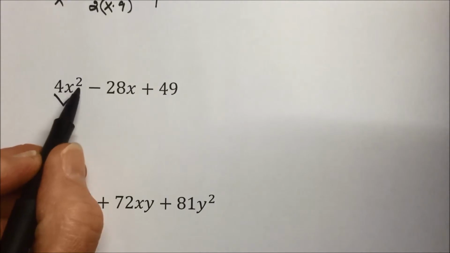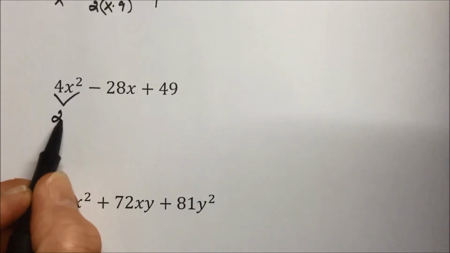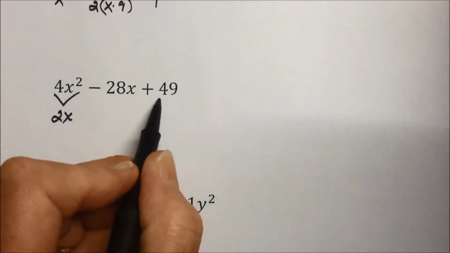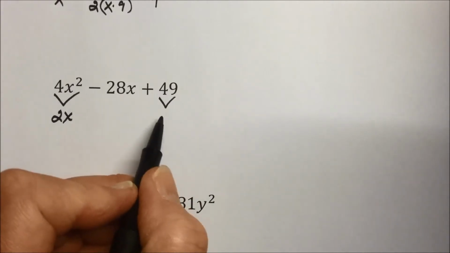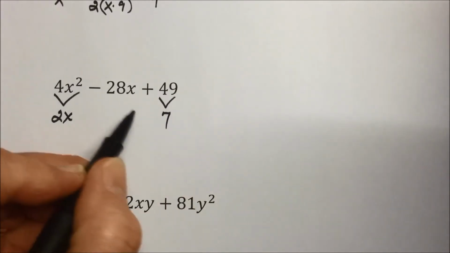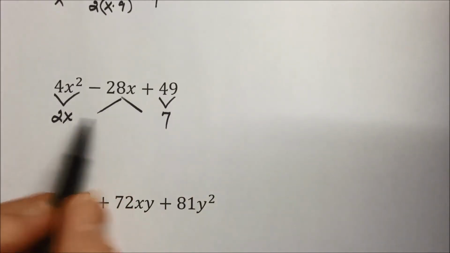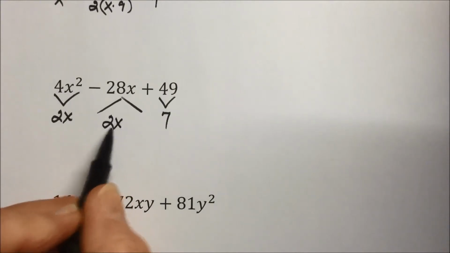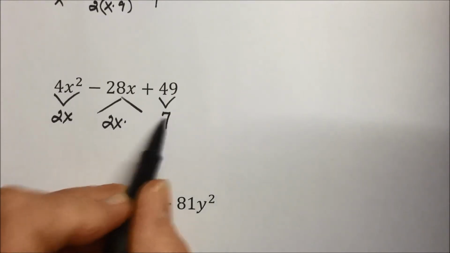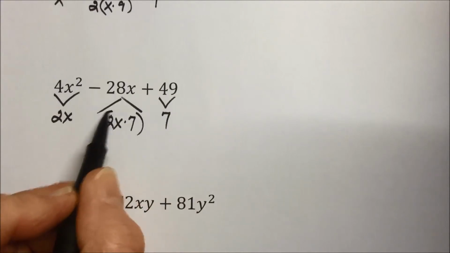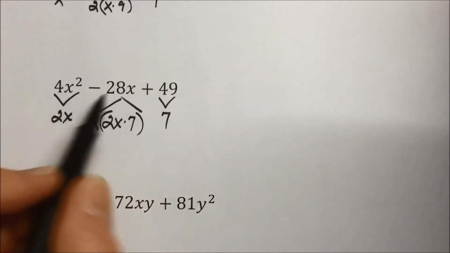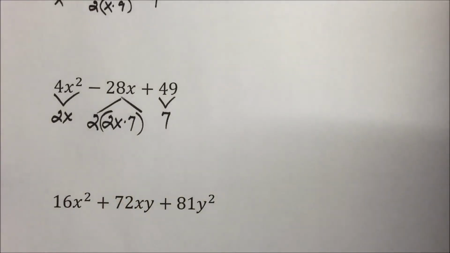Looking at the first term, perfect square. 2x times 2x is 4x squared. What about 49? The square root of 49 is 7. The true test is if you take the square root of the first term times the square root of the last term and double it, and it equals the middle term, there you have proof that this is a perfect square trinomial.